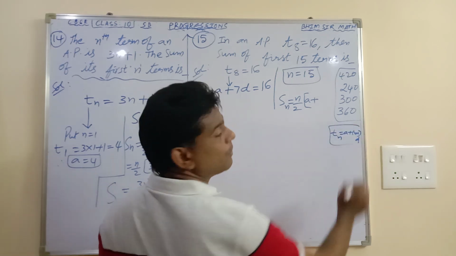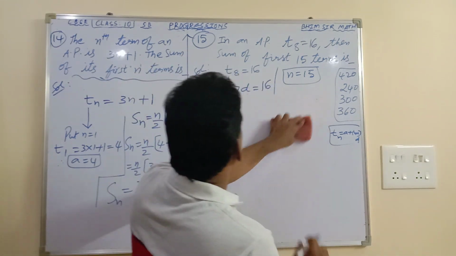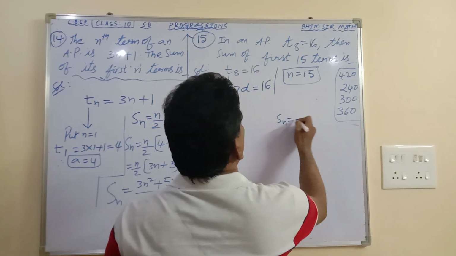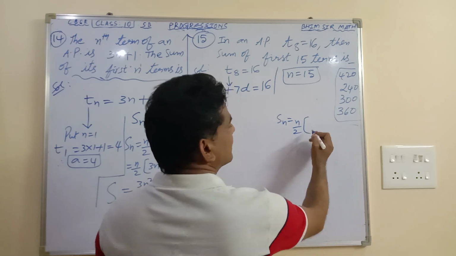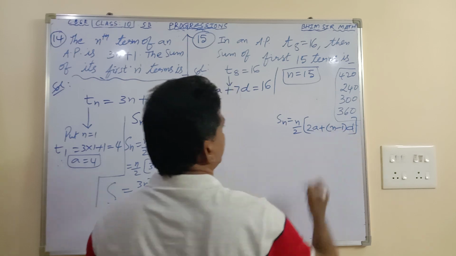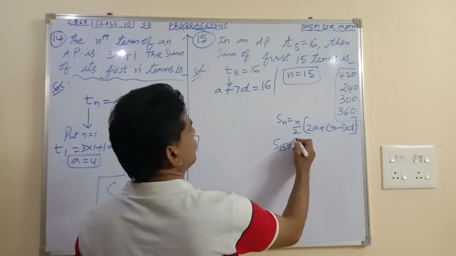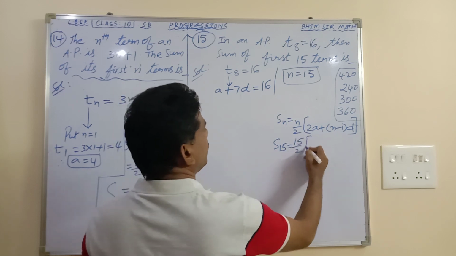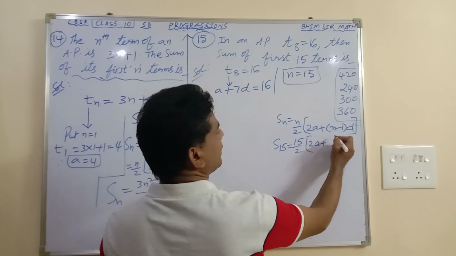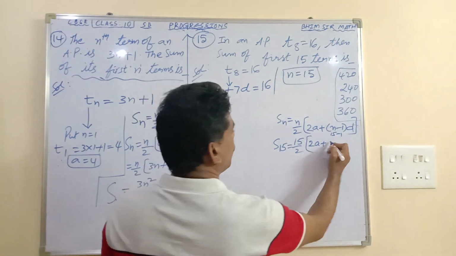So Sn is nothing but n by 2 into a plus a, 2a, plus n minus 1 into d. Here n value is 15. S15 equals 15 by 2 into 2a plus 15 minus 1, how much? 14d.